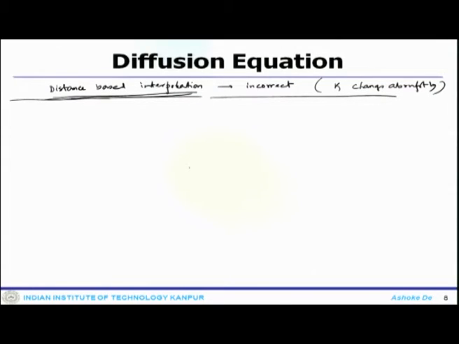To get that, let us consider this one dimensional element. This is C, this is west, this is east, and these will be the distances. This distance is delta x w, this distance is delta x e, and this is the west face, this is the east face, and this is also delta x c.